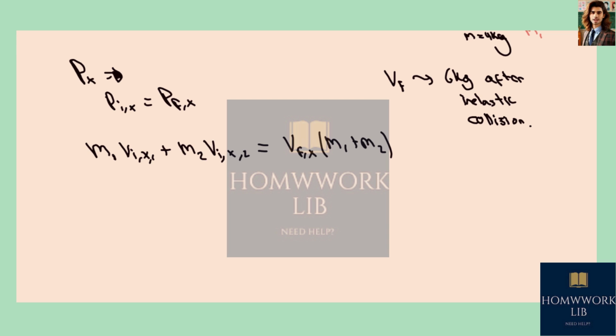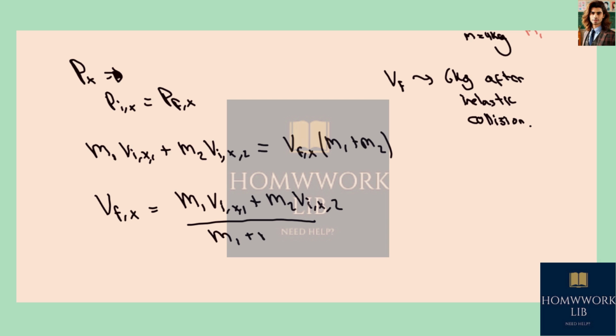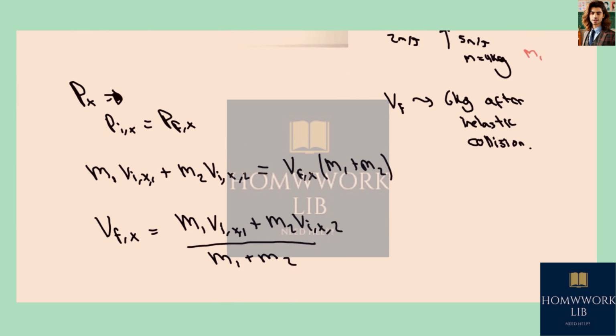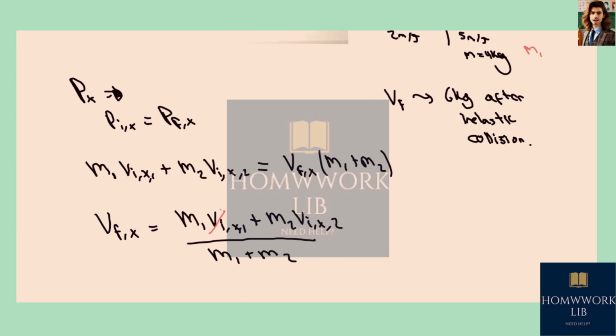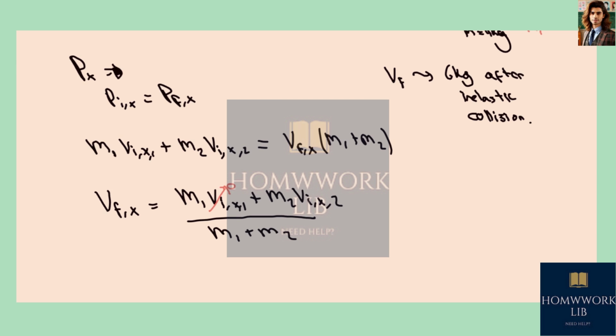So to solve for the final velocity on x, this is going to be mass 1 times initial velocity on x for object 1 plus mass 2 times initial velocity on x for object 2, divided by the sum of the masses. In this case, object 1 is going to have a 0 initial velocity on x because the movement is going towards the north, which is on the y-axis, and we're going to end up with this equation over here.